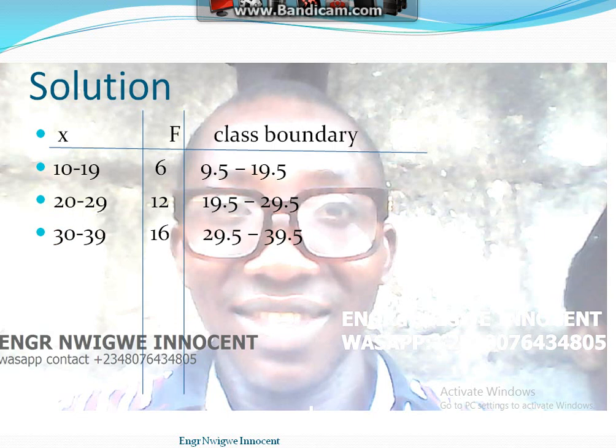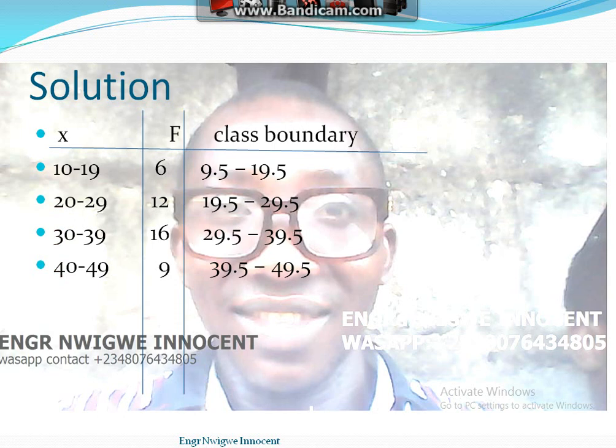We now add half to 39 to give us 39.5. The next age interval is 40 to 49. The frequency is 9. We subtract half from 40 to give us 39.5. We add half to 49 to give us 49.5.